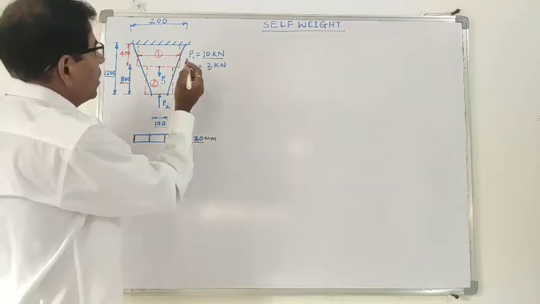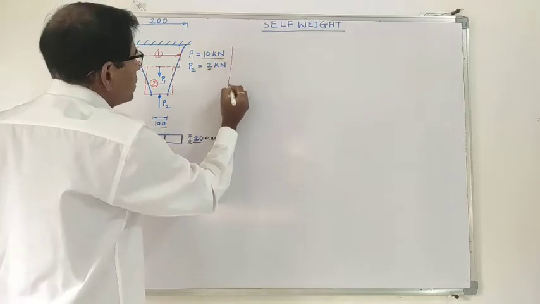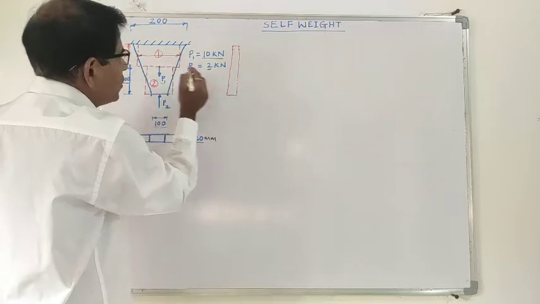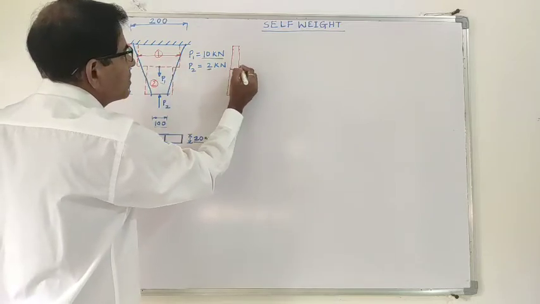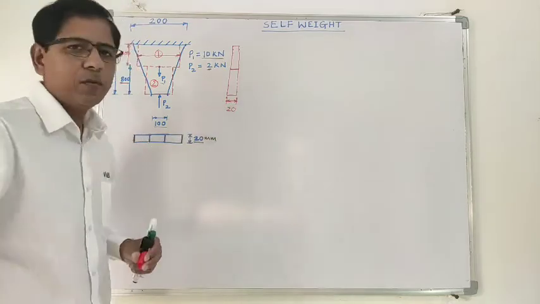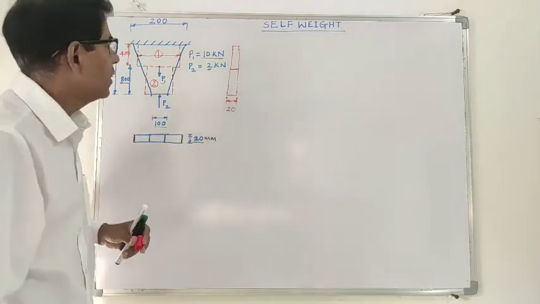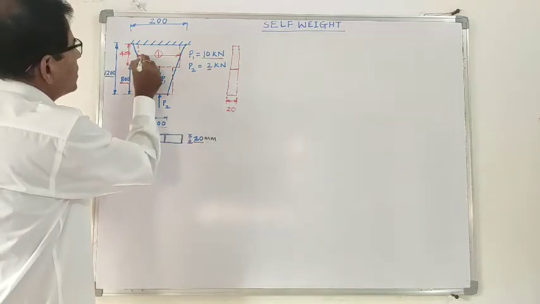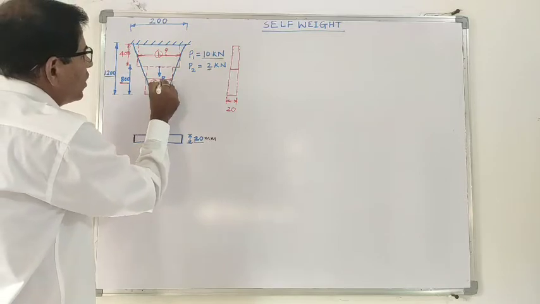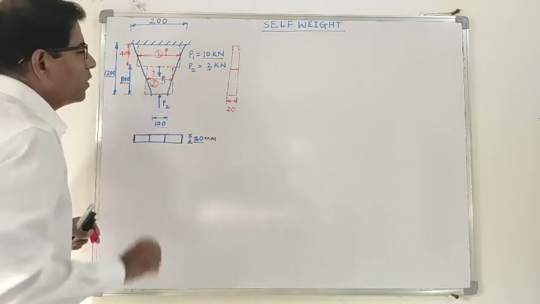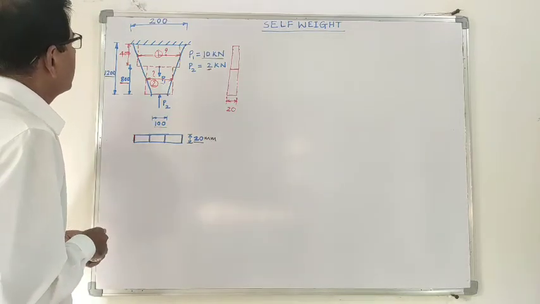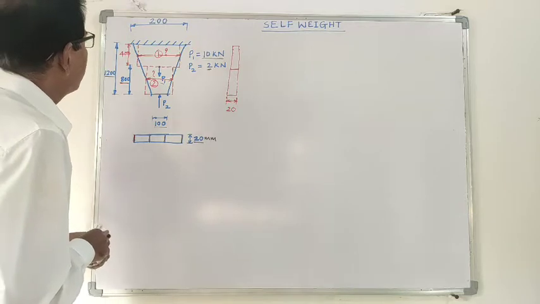If you see the side view of this step shaft, it would look something like this. The thickness of this plate would be 20 mm. Now what will be this dimension? That we need to find out first. Then second, what will be this dimension, that we also need to find out. So how to find out?